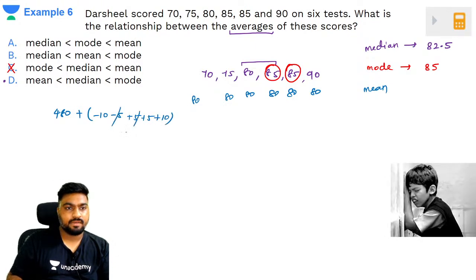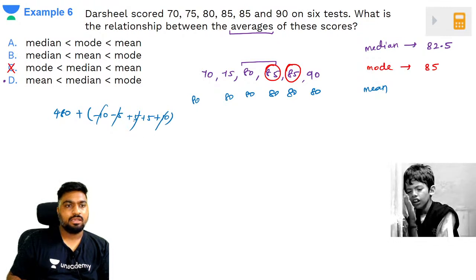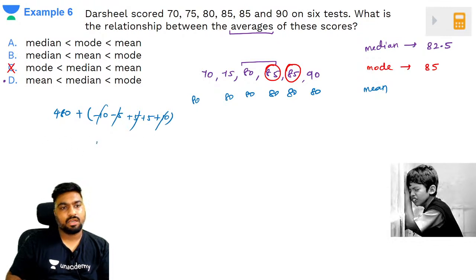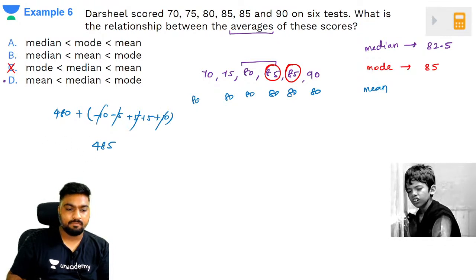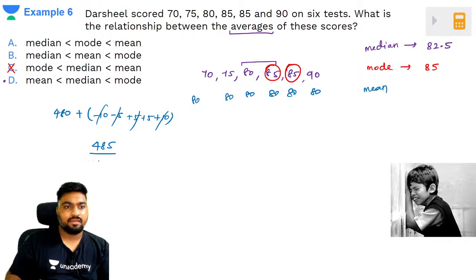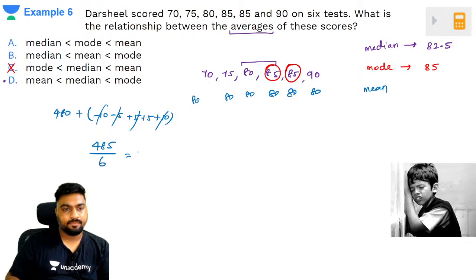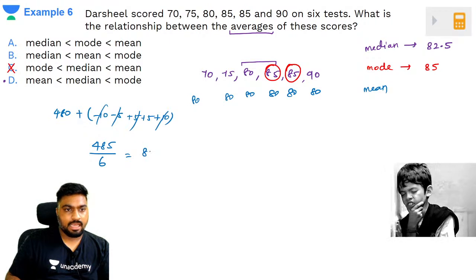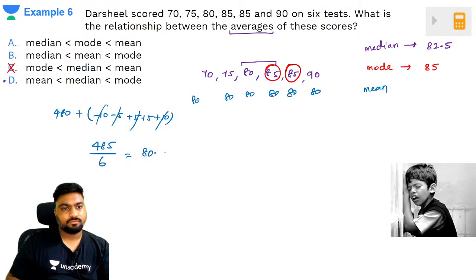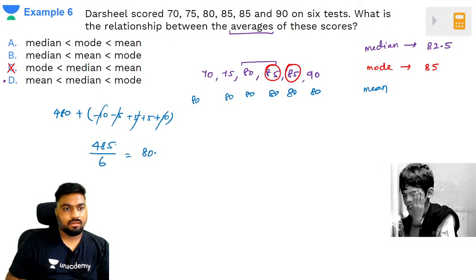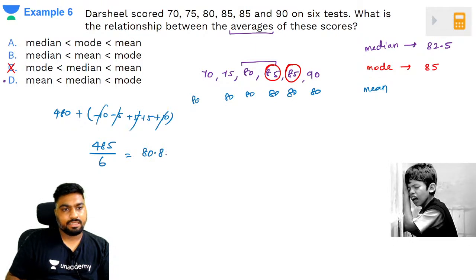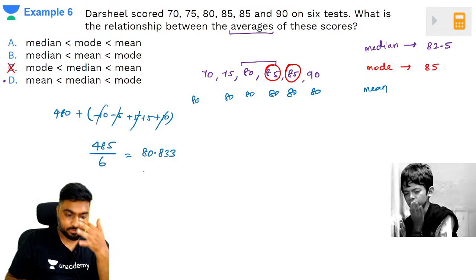So minus 5, minus 10 gone, the remaining is plus 5. So 485 is the sum. 485 by 6 terms is how much? 80.833 if I'm not wrong.